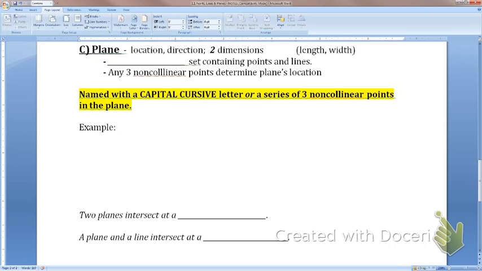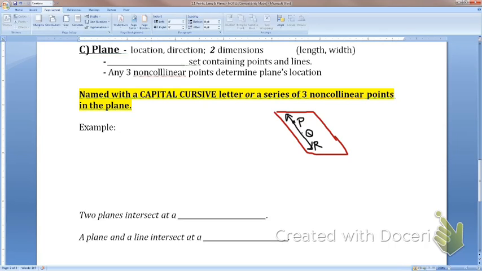All right, so let's look at another example of labeling a different plane. So let's go over here to the right side of your paper and let's draw another plane. Again, just a sideways rectangle, and I'm going to put a point P, Q, R, and I'm going to draw a line through PQR.